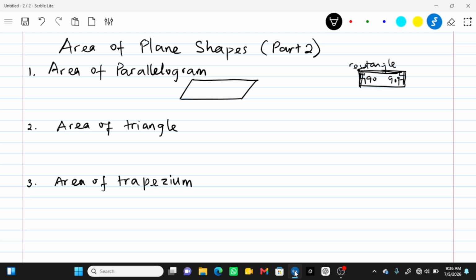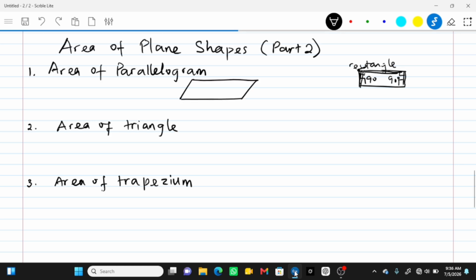It's basically a rectangle that has been tilted sideways, so the angle is no longer 90 degrees. It's no longer standing. It's no longer a straight line.